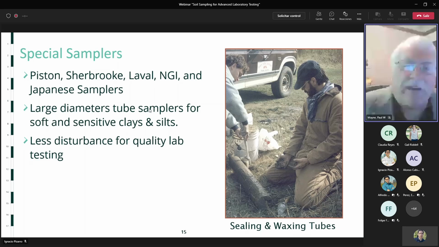But we have special samplers like Sherbrooke and Laval samplers, named after the universities in Quebec. NGI stands for Norwegian Geotechnical Institute. We have Japanese samplers. And so these are intended to get the best quality of the in situ soil material for the lab testing. They also help provide the least amount of disturbance so that we get the best results in the triaxial tests and the consolidation. Next.